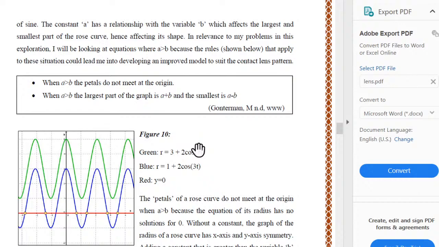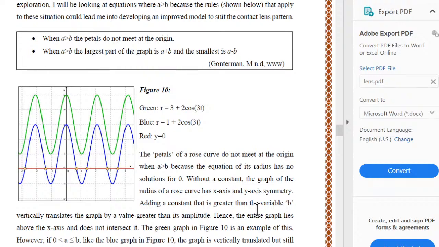This doesn't look right. Why would they? Okay, so they turned the polar coordinates into Cartesian coordinates.